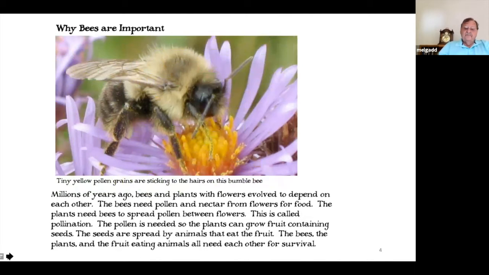So here's a bumblebee. Bumblebees are native. Bumblebees are one of the major sources for pollinating tomatoes because they're what they call a buzz pollinator. Honeybees can't. If you've seen a tomato flower, it's very hard for a honeybee to get into that flower.